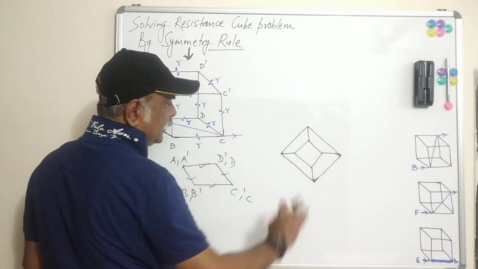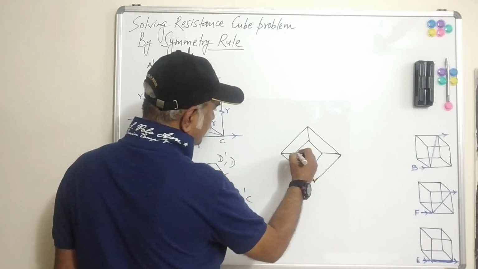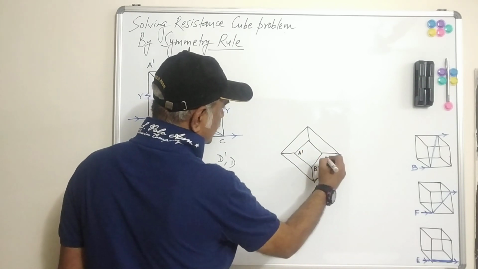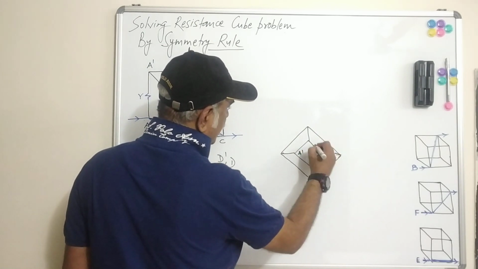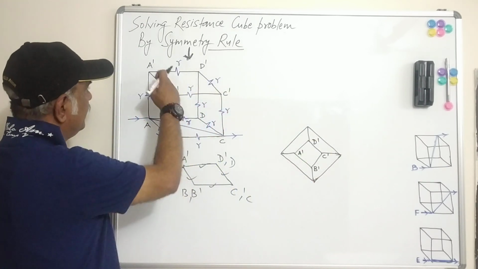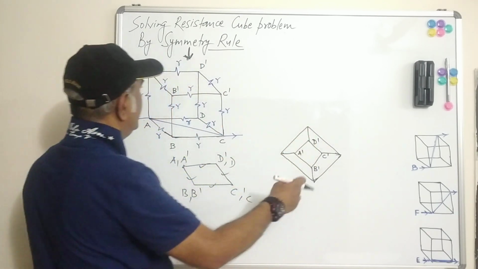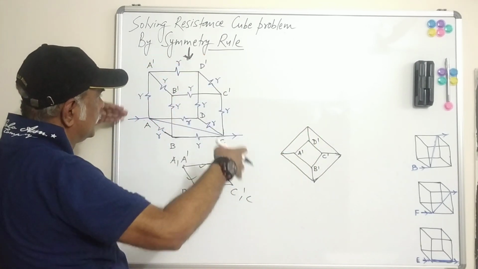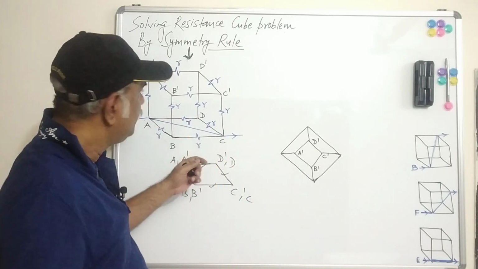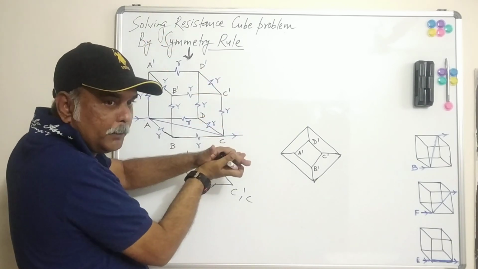All resistances are visible, naturally. So if you mark this point as A dash, then this becomes B dash, this becomes C dash, and this becomes D dash. Okay? A dash, B dash, C dash, D dash, and the balance of the resistances have spread out. If you are not able to view it like that, then squeeze from the top and crush the cube completely, isn't it?